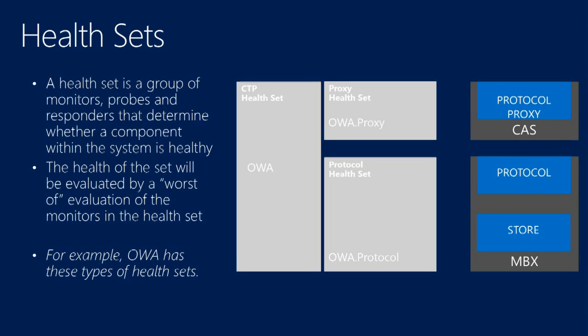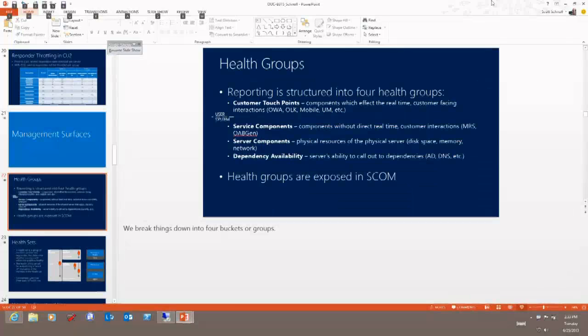And these health sets, as I mentioned before, will be evaluated by whichever component is the worst in the health set. So again, the replication service was stopped, so that made my whole data protection health set unhealthy. And in fact, I could drill into that and see just that health set if I wanted to.